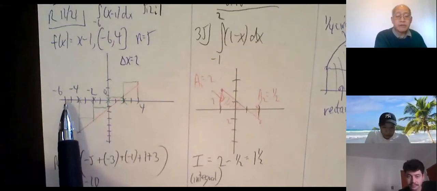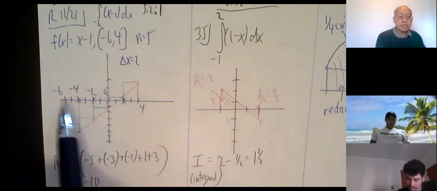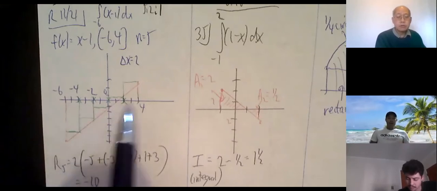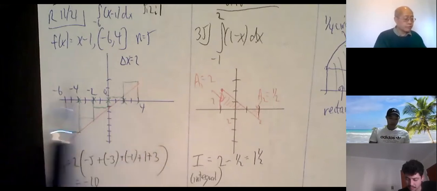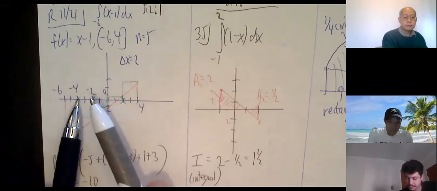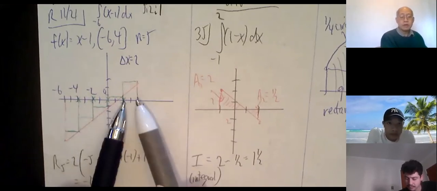Chop it up into 5 pieces. Delta x is 2, so negative 6, negative 4, negative 2, 0, 2, and 4. So there are 5 subintervals: 1, 2, 3, 4, 5.